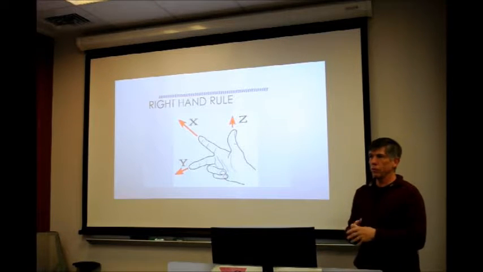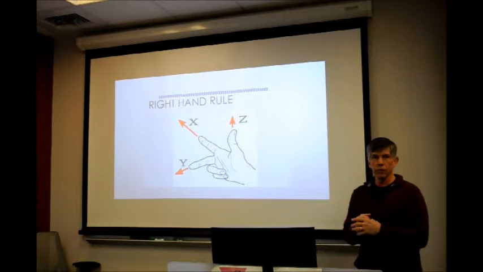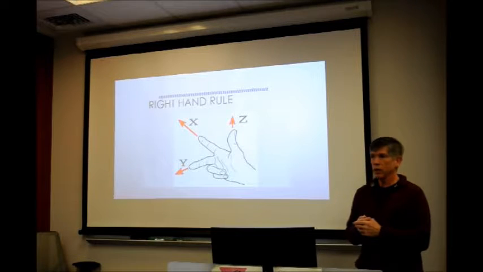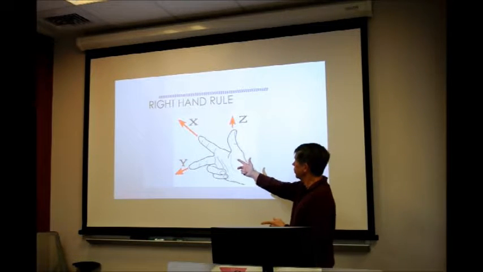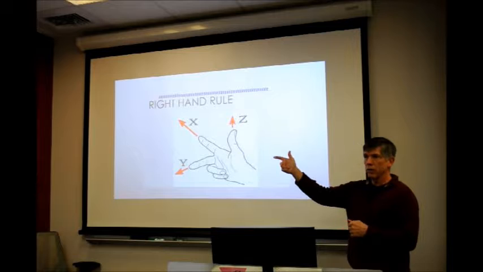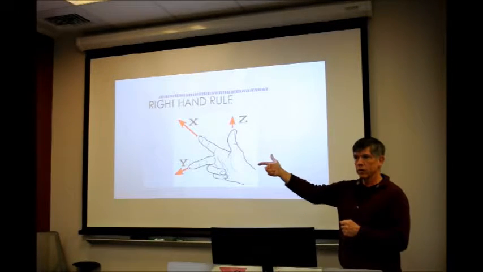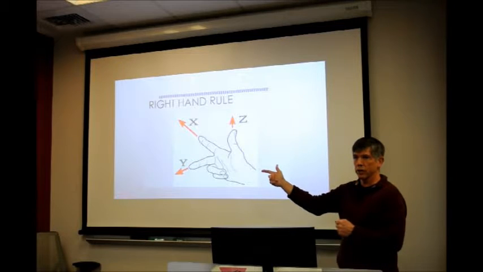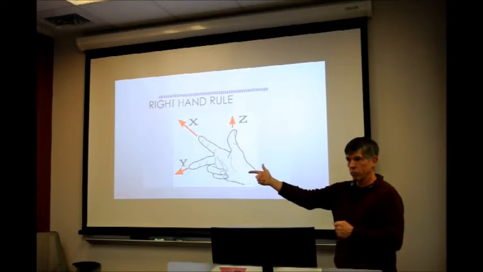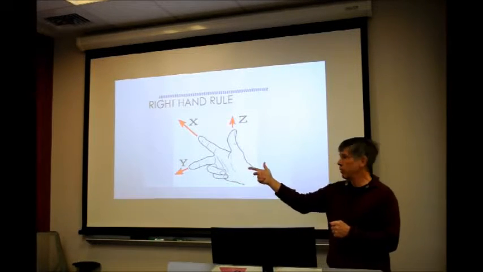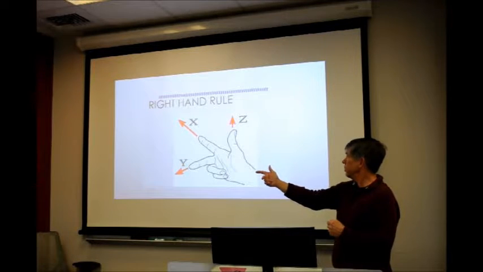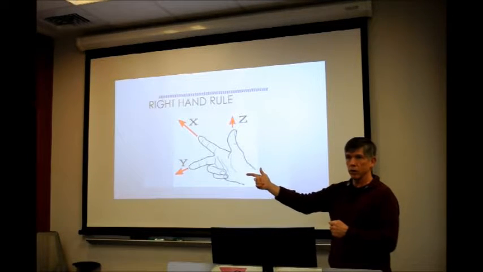One thing that will help us a lot is the right-hand rule, and we've talked about this before. If I show this out here, my thumb is Z, positive going up. My pointer finger is X, positive going this way. And my second finger is Y, going this way.